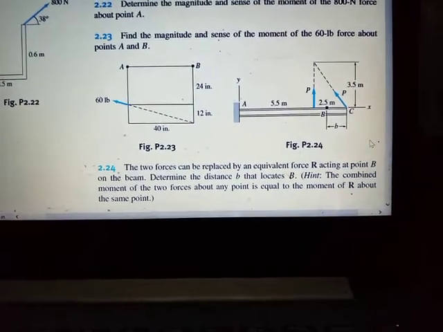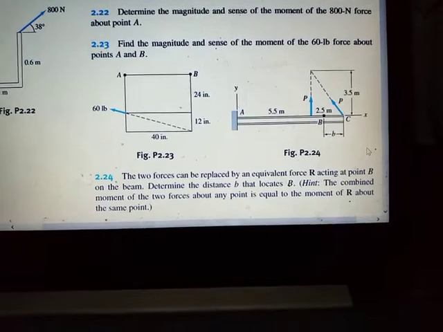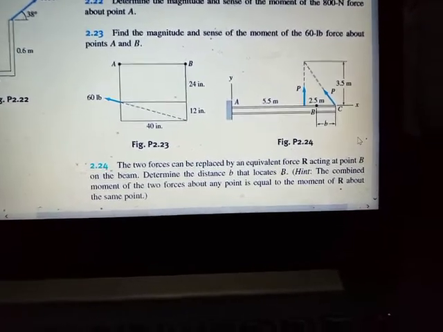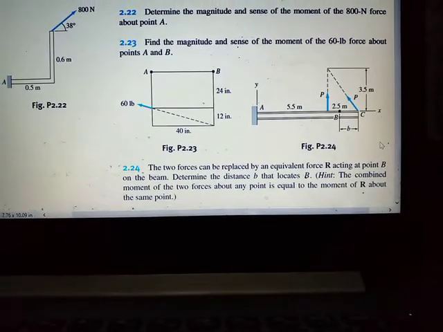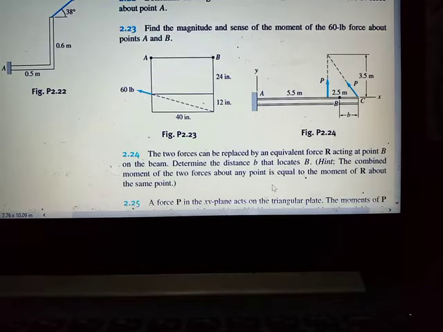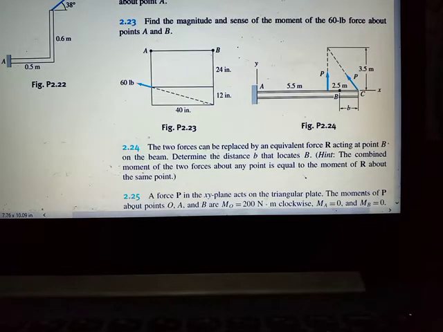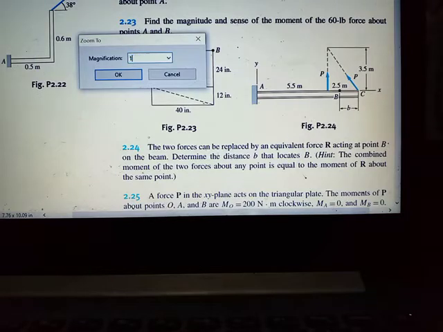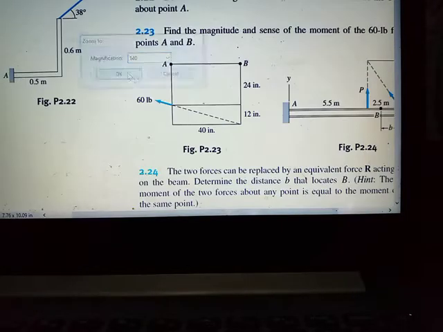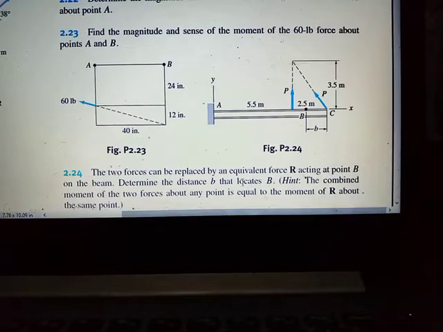Okay, so we go back to answering 2.24. This is the figure and this is the question. Let's make it larger.